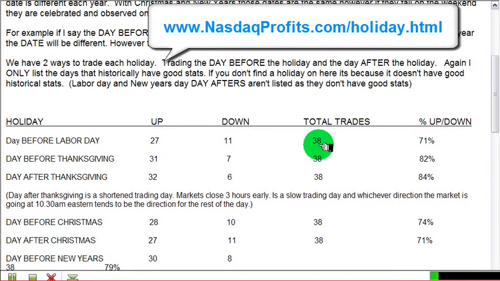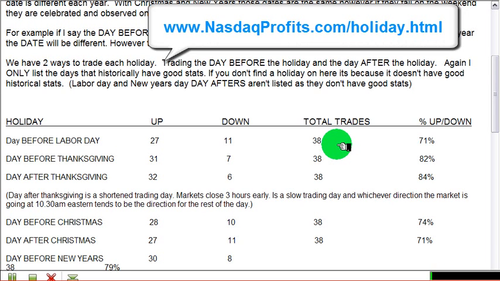So you may only see in the Nasdaq profits stats for that particular day, I don't have it in front of me, maybe 28 total trades or whatever it is for that particular day. Since the Nasdaq has been open 39 years now, I guess it is 38 years, you will see that amount of trades because there's always going to be the day before Labor Day.